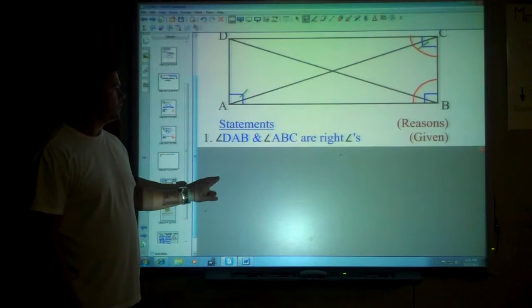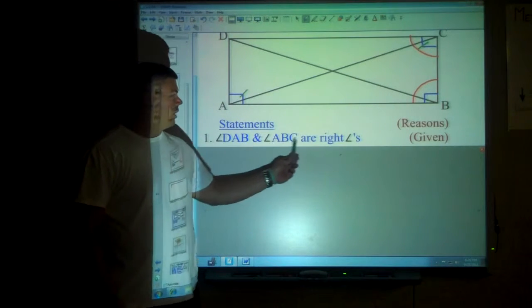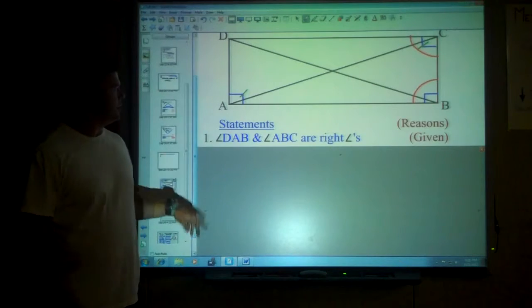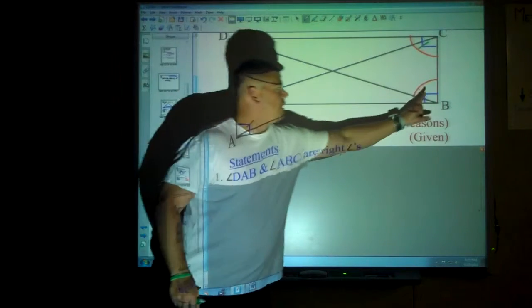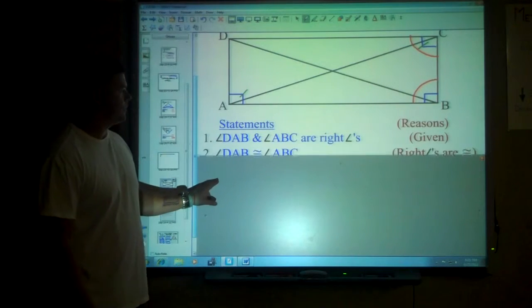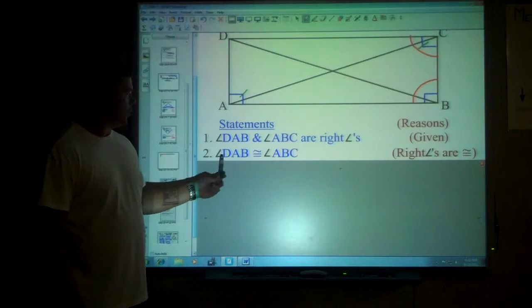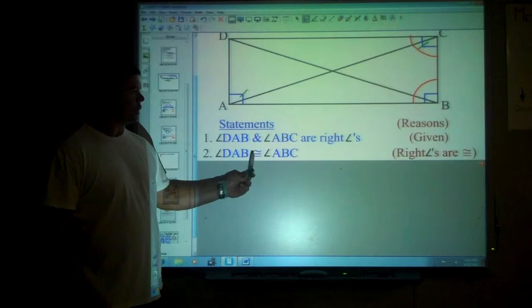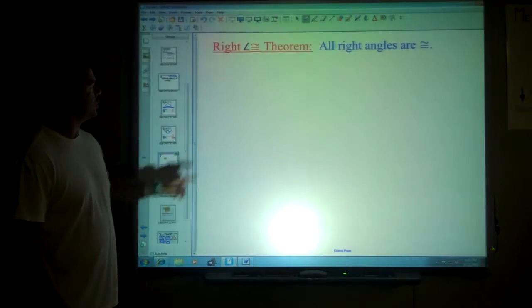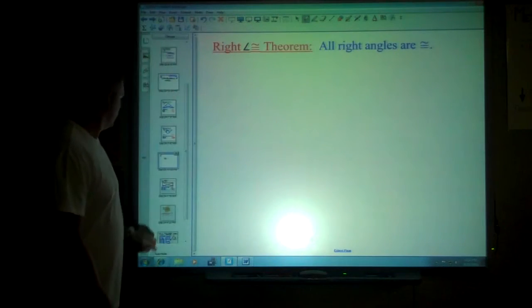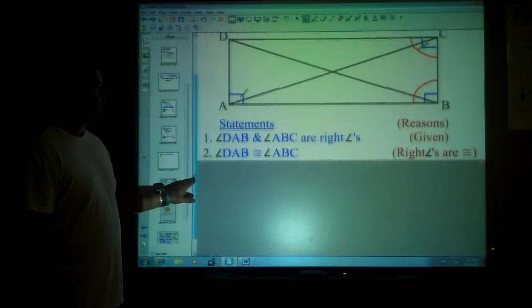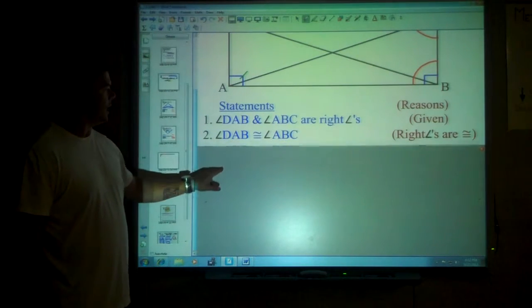So our statements and our reasons, number 1, DAB and angle ABC are right angles. Given information. So this angle is a right angle, and this angle is a right angle. Given. Next, because they are both right angles, we know that the two are congruent to each other. That's because of our definition that all right angles are congruent. So we know we're dealing with congruent angles.